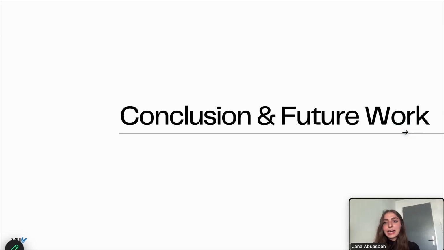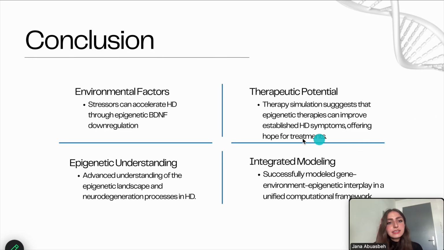Now let's conclude by highlighting some key insights and future directions of this work. So first, regarding environmental factors, this model can effectively demonstrate how stressors can accelerate Huntington's disease through epigenetic BDNF downregulation. This improves our epigenetic understanding, so a better understanding of the epigenetic contribution to this neurodegenerative process.